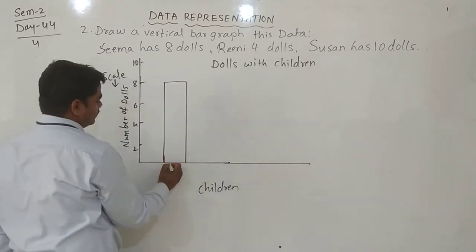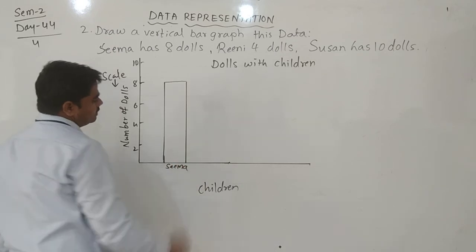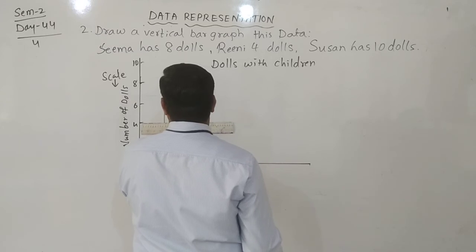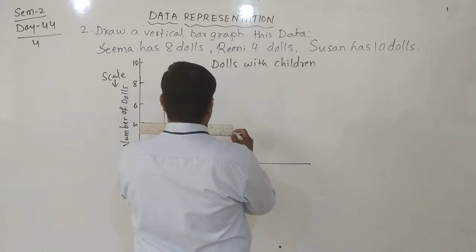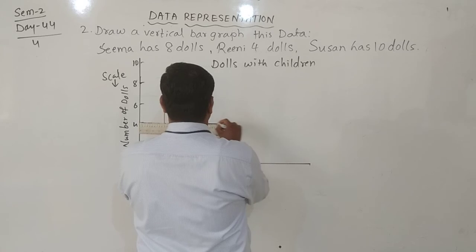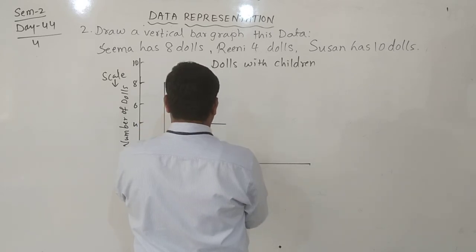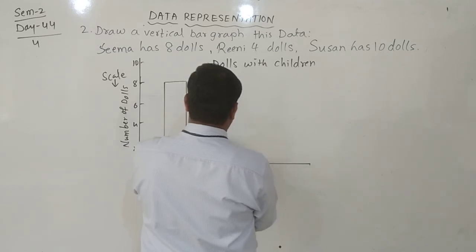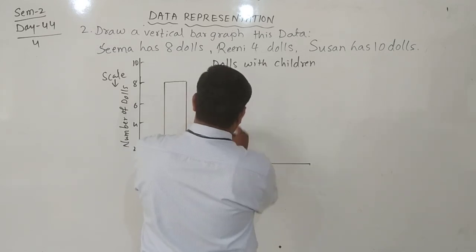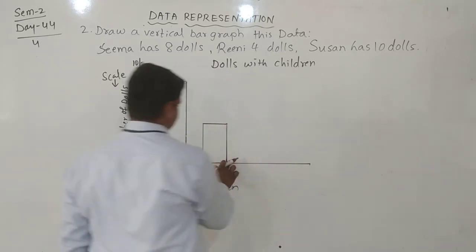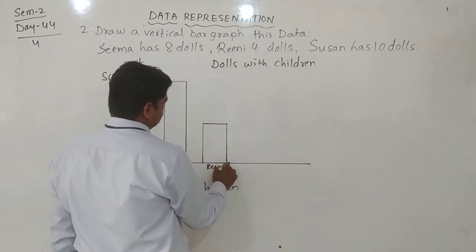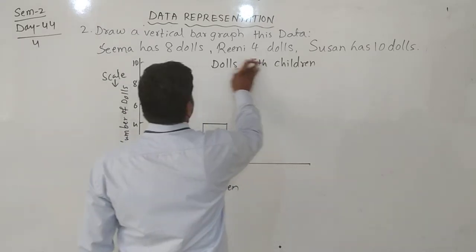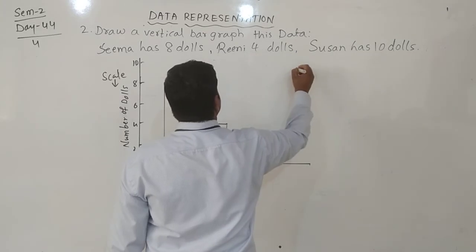This is of Seema's dolls. Next is Rini. Rini has 4 dolls. How many dolls? Only 4 dolls. This is Rini. Next, Sushan has 10 dolls. Dolls with children, this title we will write here.